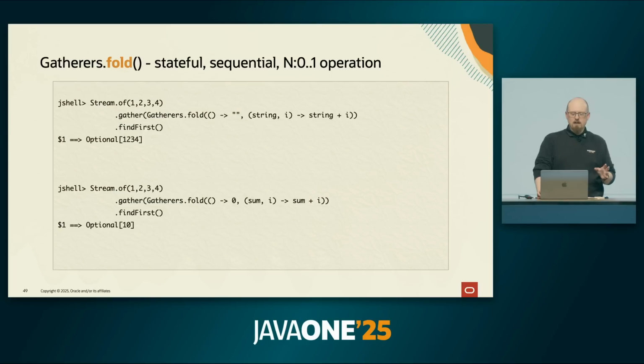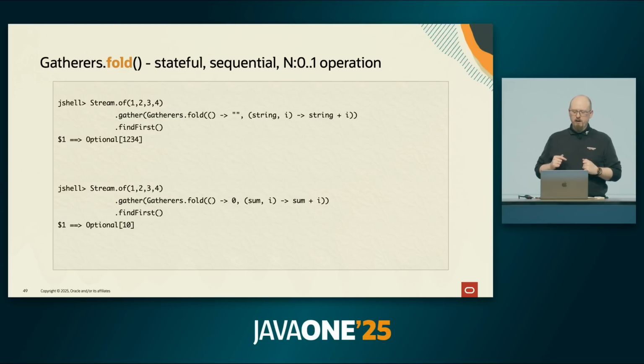Folding, left folding in this case, being able to take an operation, give it a supplier of some state, and then a function of combining the current state with the next element to return the new state. In the first example, it's the string "1234", not the number 1234.